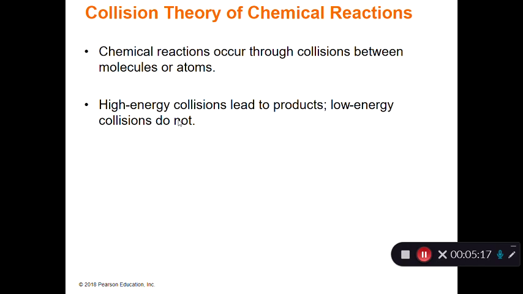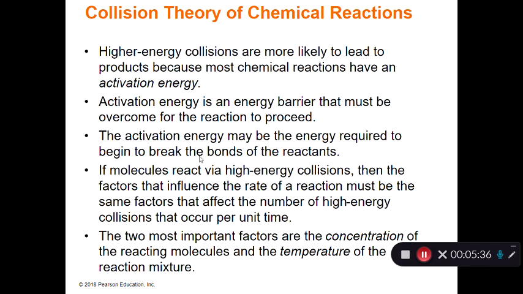Low energy means it takes time for them to collide. So we always want to make high energy collisions to make products. Low energy collisions take time, or sometimes we don't have any reaction between reactants.